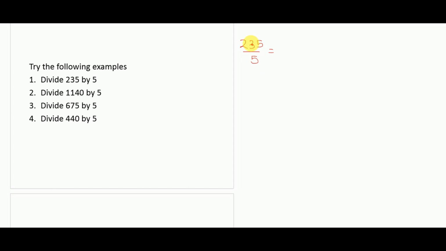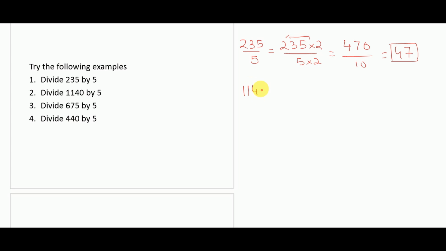Increase both the numerator and the denominator by a factor of 2, which means 2 should be multiplied in the numerator as well as in the denominator. So 200 would become 400 and 35 would become 70, and 5 times 2 is 10, so our answer is 47. See, that was easy.